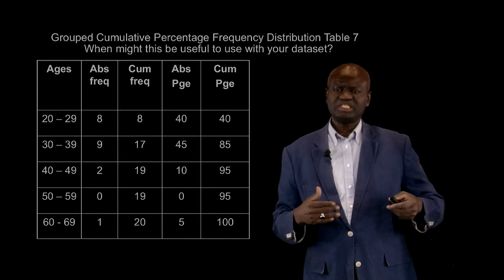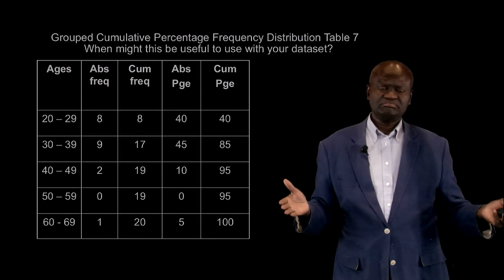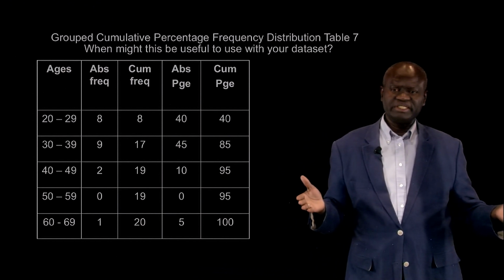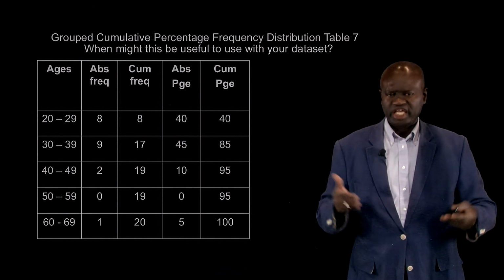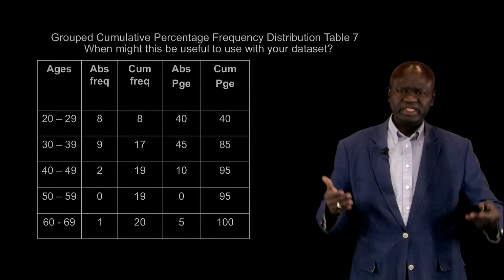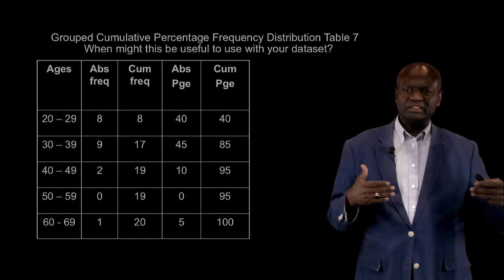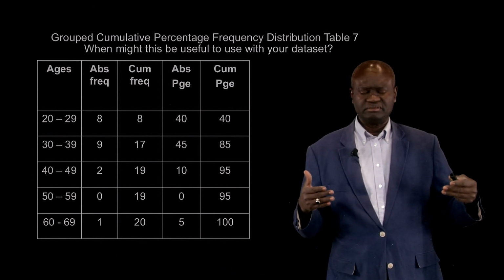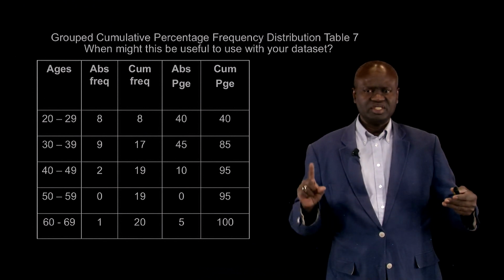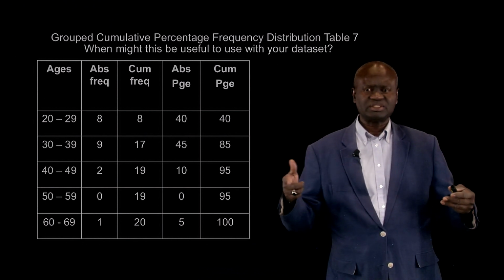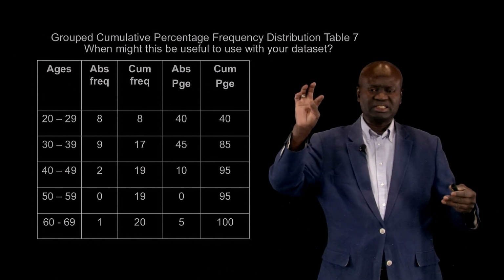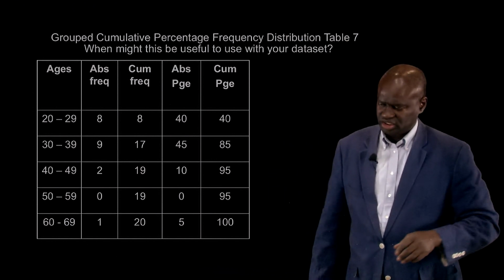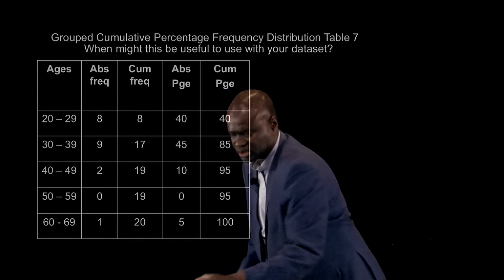If we said, I want 5 age groups, so 20 divided by 5. In that case, what we do is we take the oldest, 69. Let me do it on the board.